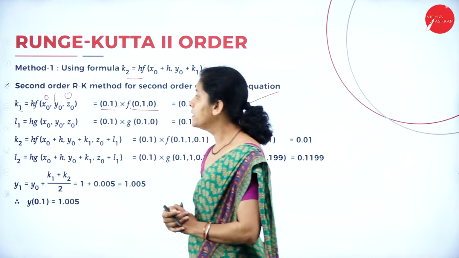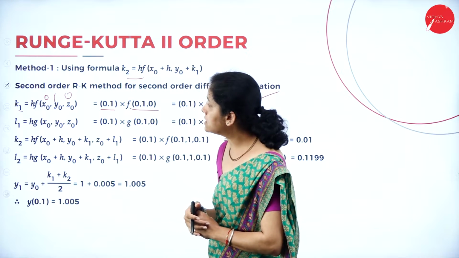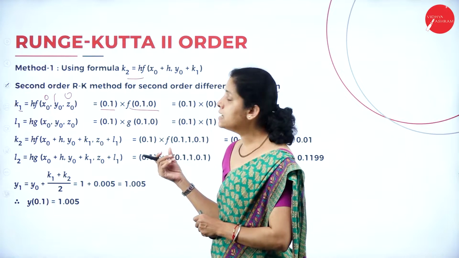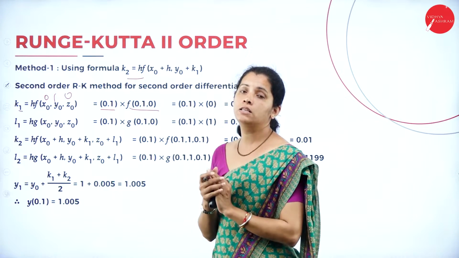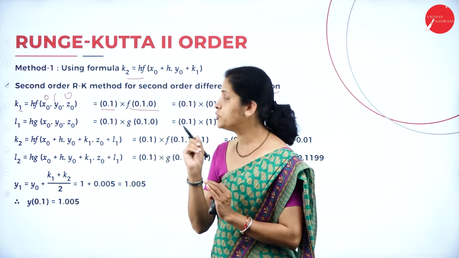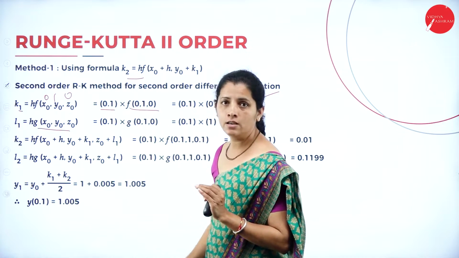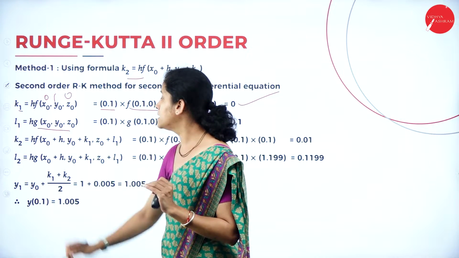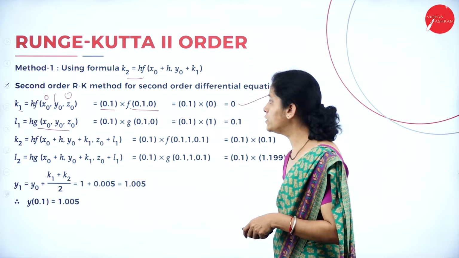Now see here, I want to find L1. Here L1 is nothing but height into g. That is the second order derivative, in the sense I want to consider the function which is specified in the question, that's nothing but g of x naught, y naught and z naught.